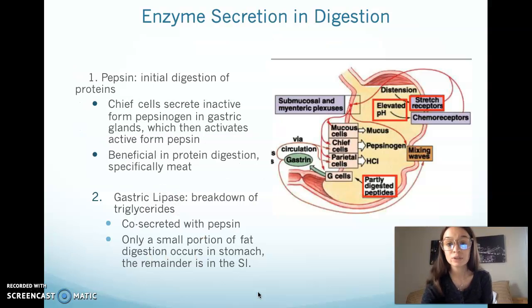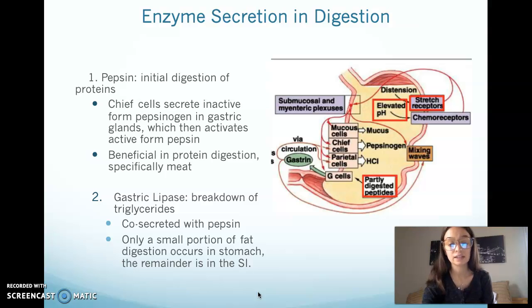Now, for enzyme secretion and digestion, there are two main enzymes that we're going to focus on for today. The first being pepsin, which is the initial digestion of proteins. Pepsin is secreted by chief cells, and like I was mentioning before, the inactive form is pepsinogen in the gastric glands, which then is activated to form the active pepsin, and this is particularly beneficial in protein digestion.